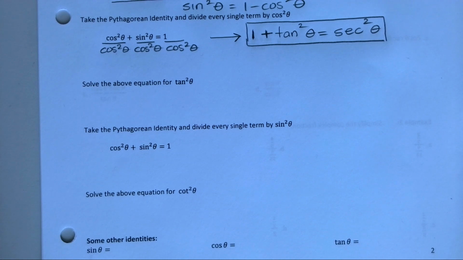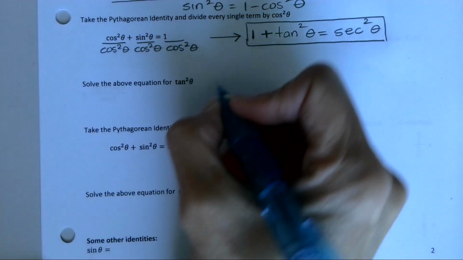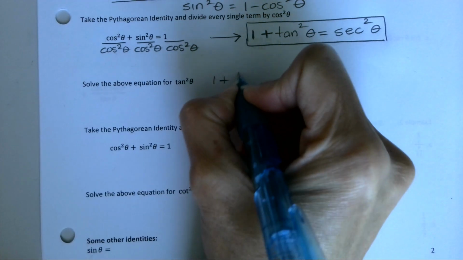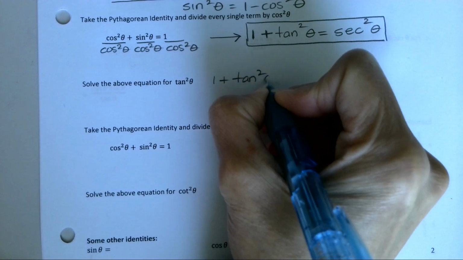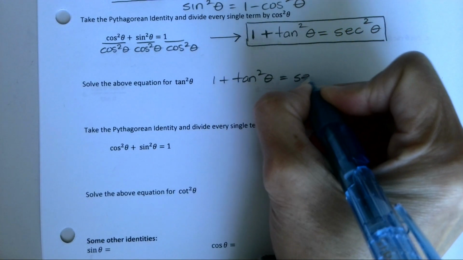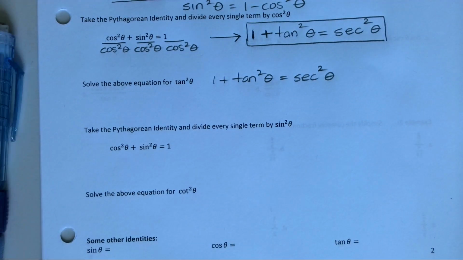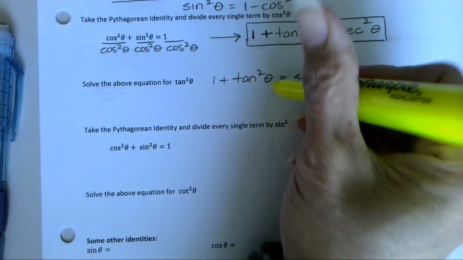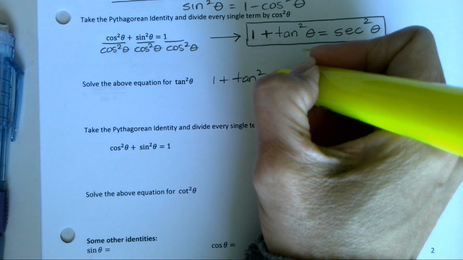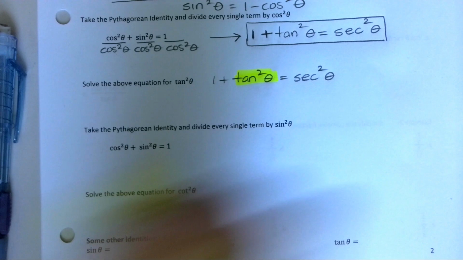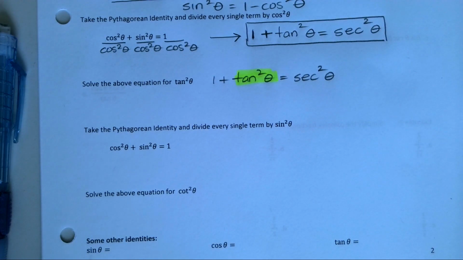And just like your previous examples, this Pythagorean identity can also be manipulated for whatever it is that you're looking for. In this case, they want us to use this Pythagorean identity and manipulate it by solving it for tangent squared theta. So I'm going to highlight this one. I know at this point you're probably saying, okay, this is getting redundant.